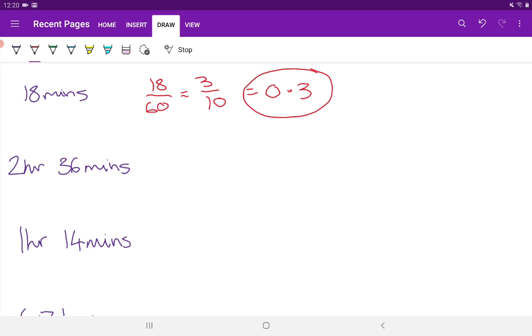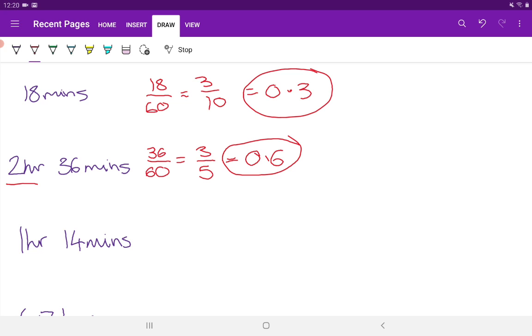Okay, 2 hours 36 minutes. Let's ignore the 2 hours just now and just focus on the 36 minutes. So 36 divided by 60. If we simplify that fraction, we're going to get 3/5. So you could leave it as 3/5, but if we type 36 divided by 60 into our calculator to get it as a decimal, again it works out quite nicely.